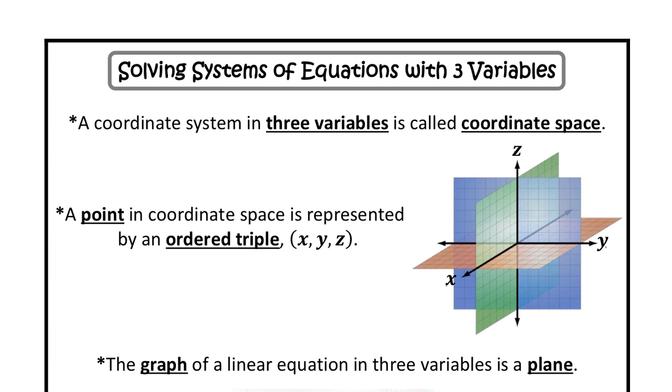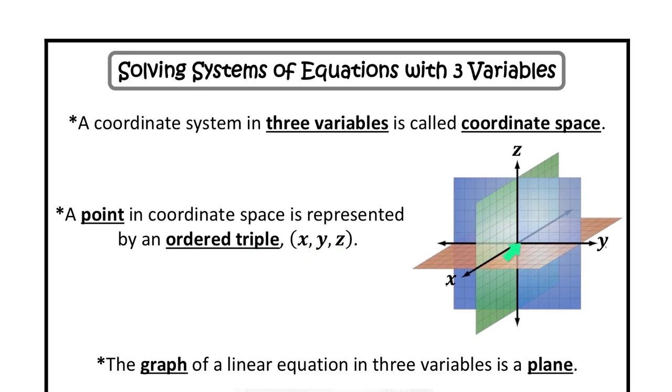Those three-dimensional objects had a coordinate system that was made up of three directions, right? X, Y, and Z. And we had a coordinate space. A point in this space is represented by an ordered triple. So remember we talked about an ordered pair. Now we have an ordered triple. Triple meaning three.